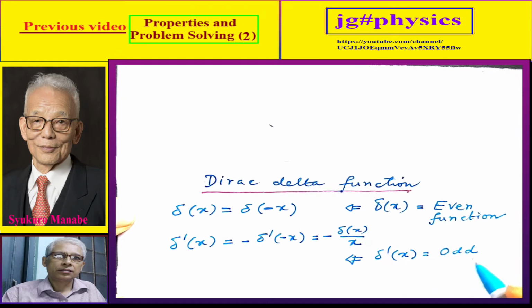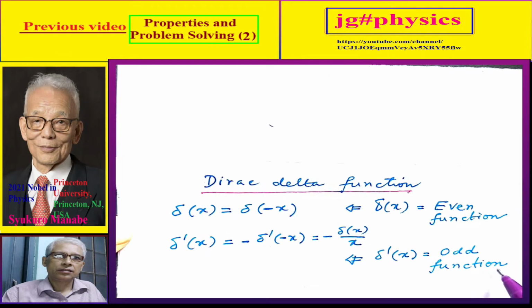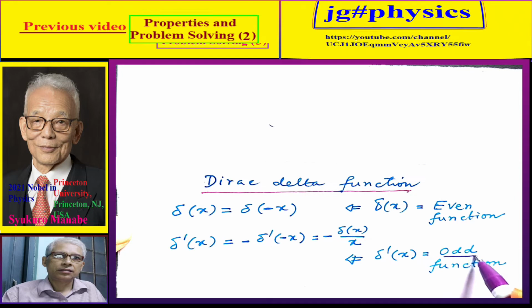And this means that the first derivative of Dirac delta function, that is delta prime of x, is an odd function.